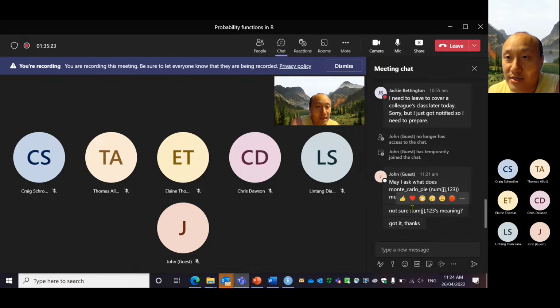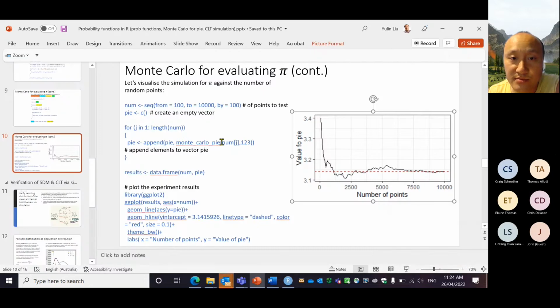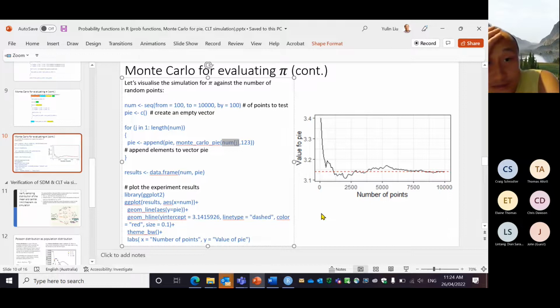Yeah, the num[j], if you came to the workshop last time, num is a sequence. You can also think of it as a vector, a bunch of elements in an array. We can use square brackets and a number to refer to every single element in the vector or sequence. So j is from 1 to 100.